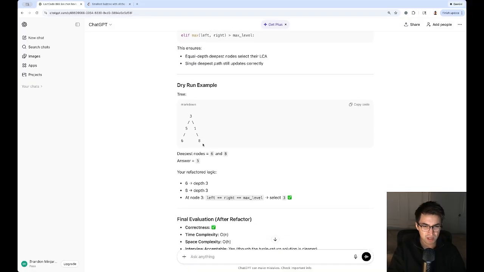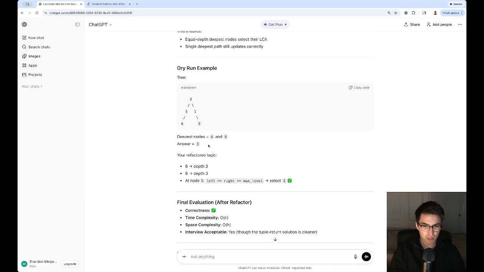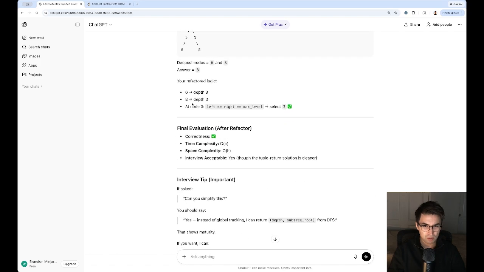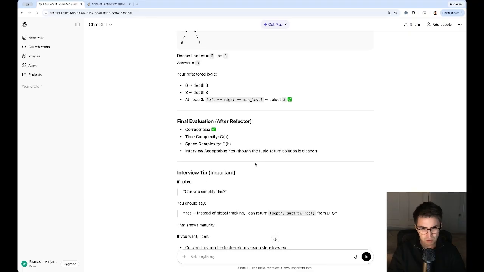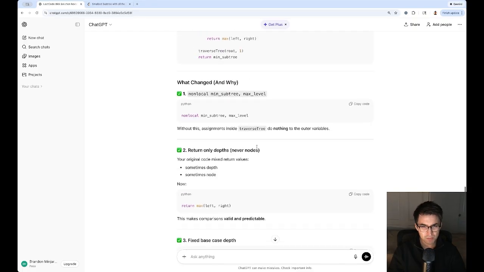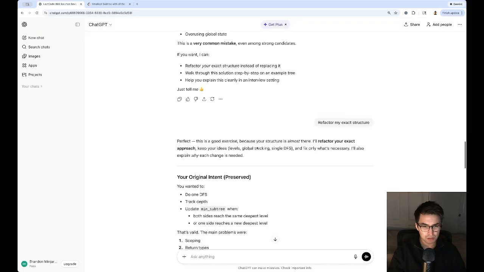Deepest nodes 6 and 8. Those will both have depth of 3. 3 is returned. O of n and O of h. What was the space complexity of the other solution?